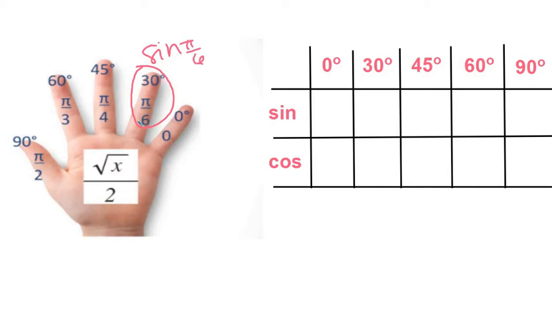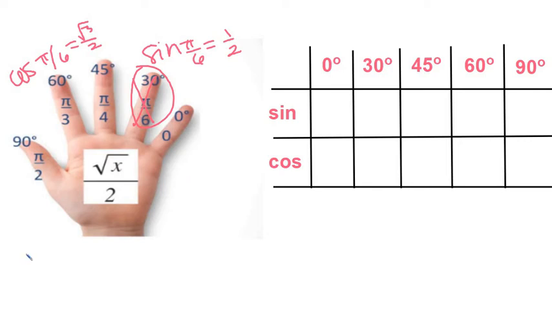You're going to put this finger down, and cosine comes first. So cosine of pi over 6 is here, which is the square root of the number of fingers, square root of 3 over 2. Sine is the square root of the number of fingers below that finger, which is 1. And of course, square root of 1 is 1, over 2.